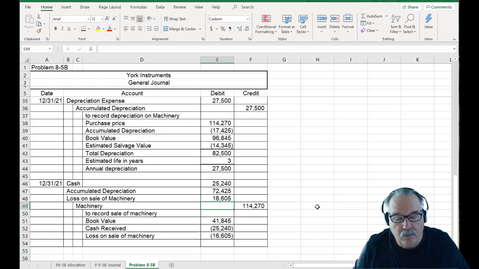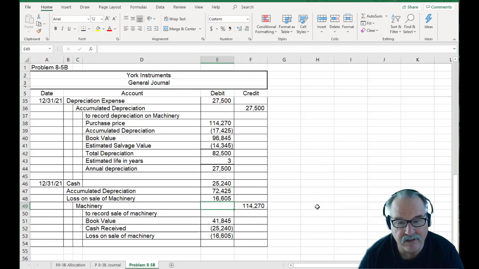In other words, we sold this for less than our book value. It was on the books at that point in time, $41,845. We sold it for $25,240, so we have a loss. That's going to be a debit. It really is what it takes to balance out that journal entry.